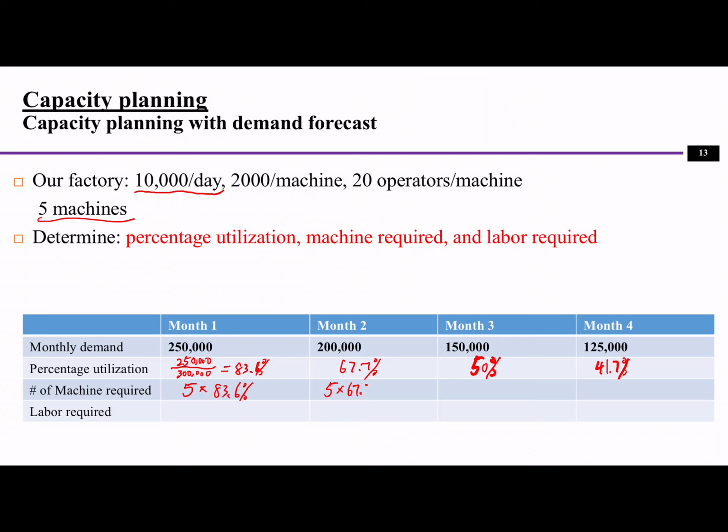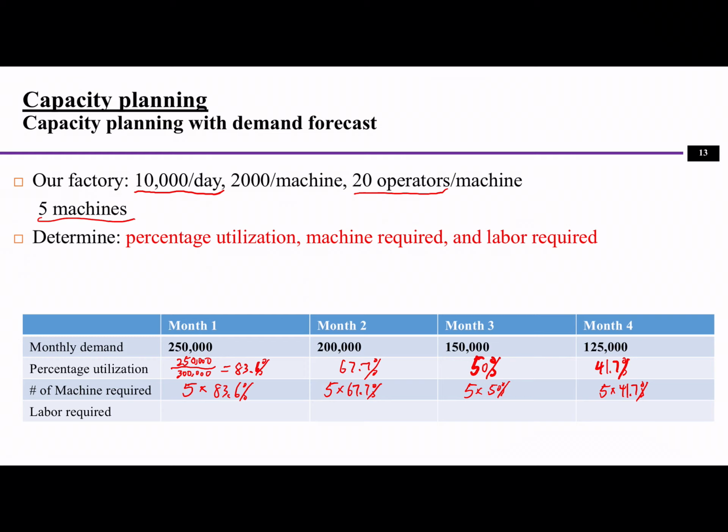So 5 machines times 83.6%, and this will be 5 machines times 67.7%, and this will be 5 times 50%, and month 4 will be 5 times 41.7%. Okay. Then you can calculate how many lines they actually require. You probably want to round it up to an integer in order to have a full line.